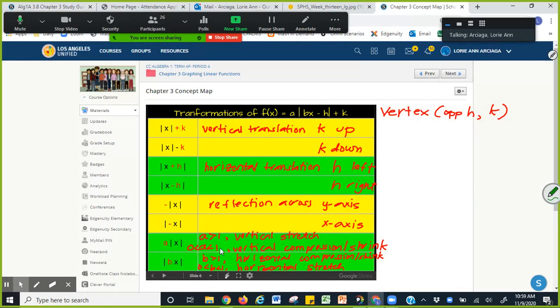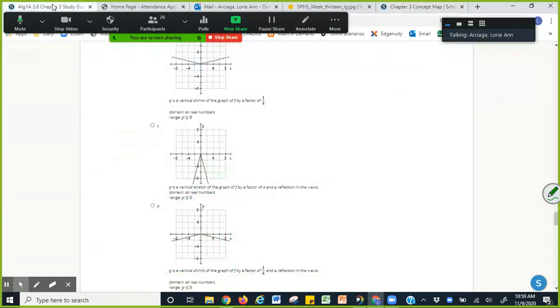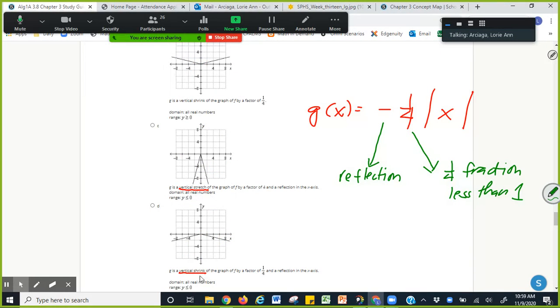If the number is less than 1, it's a vertical compression or shrink. So we have to choose the one that says vertical shrink. That means we're going to choose letter D.